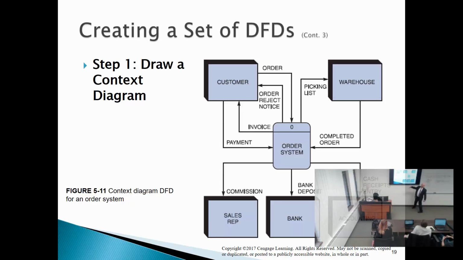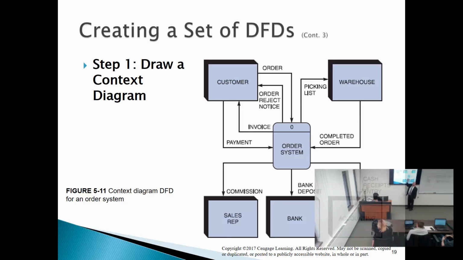So this one is an order system. So we have more external entities. We see more data flows. All of the data flows are labeled. And what does the label tell us? Everything about the data flow? No, it just gives us a general indication of what's going to be flowing. So we have a customer. The customer places an order.